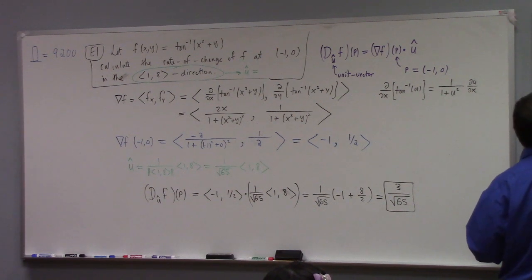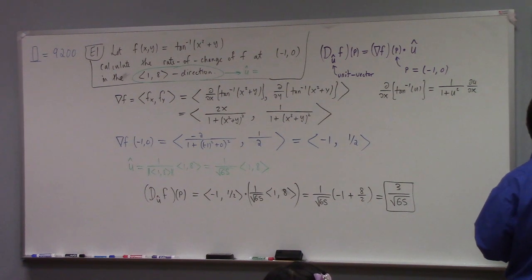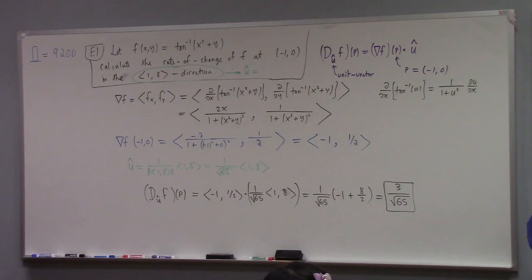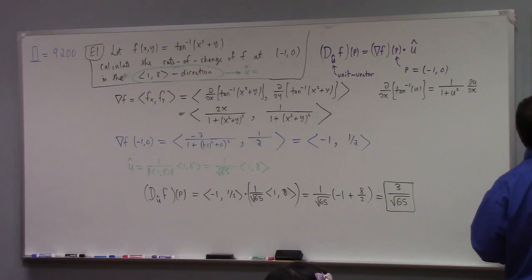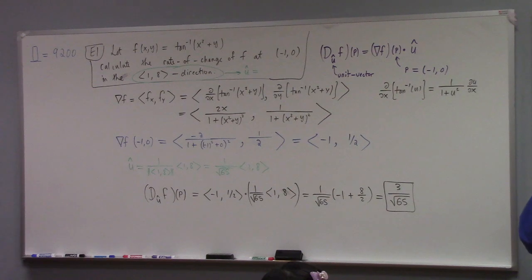And then part b: if possible, find u hat for which the directional derivative in the u hat direction of f at the point minus 1, 0 is equal to 0. And part c, if possible, find u hat for which the directional derivative in the u hat direction of f at minus 1, 0 is max.